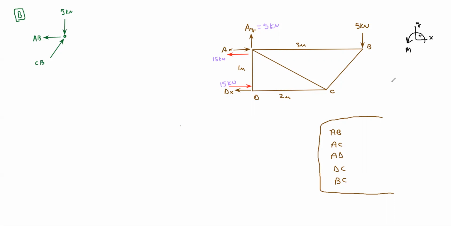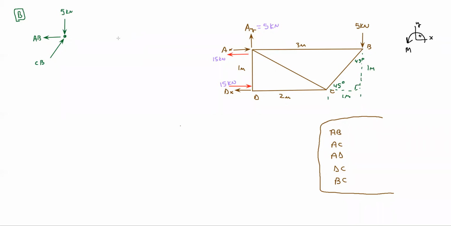What do we got going on here? I need the X and Y component for CB. Let's look real quick over here at the picture and see what we have. We know it's 1 meter tall. From here to here is 1 meter. 3 minus 2 is how I got that. That means this is a 45-degree angle, as is this one. So that's important to me.